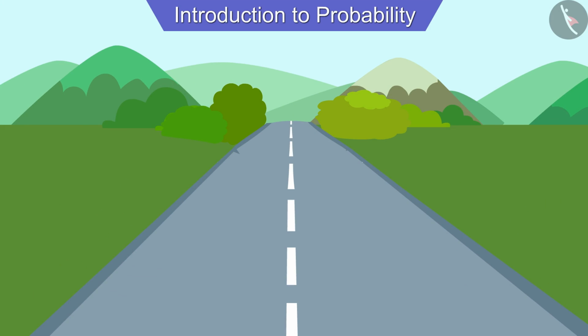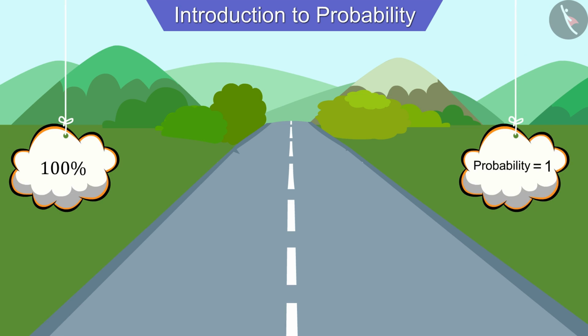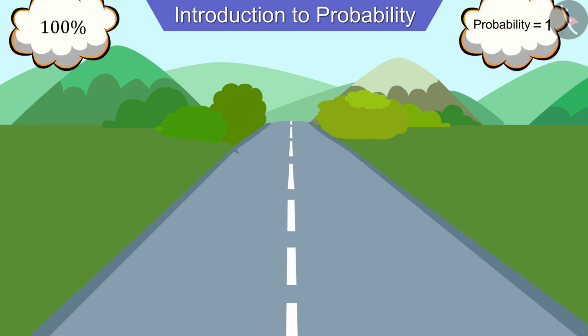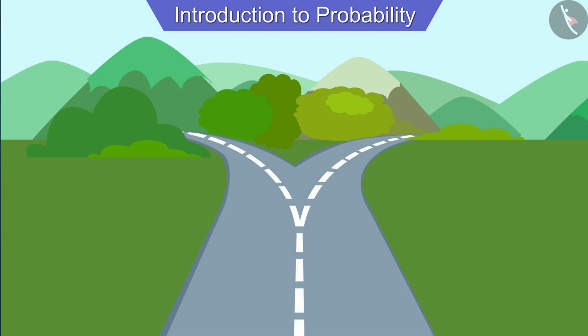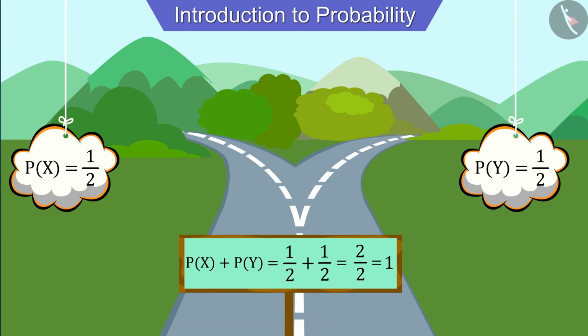Therefore, the probability of walking on that path is 100%, or you can say that the probability is 1. So we can say that this event is a sure event. After moving ahead, the road is divided into more than one road, and then probability also gets divided accordingly. Therefore, adding these divided probabilities always gives 1.